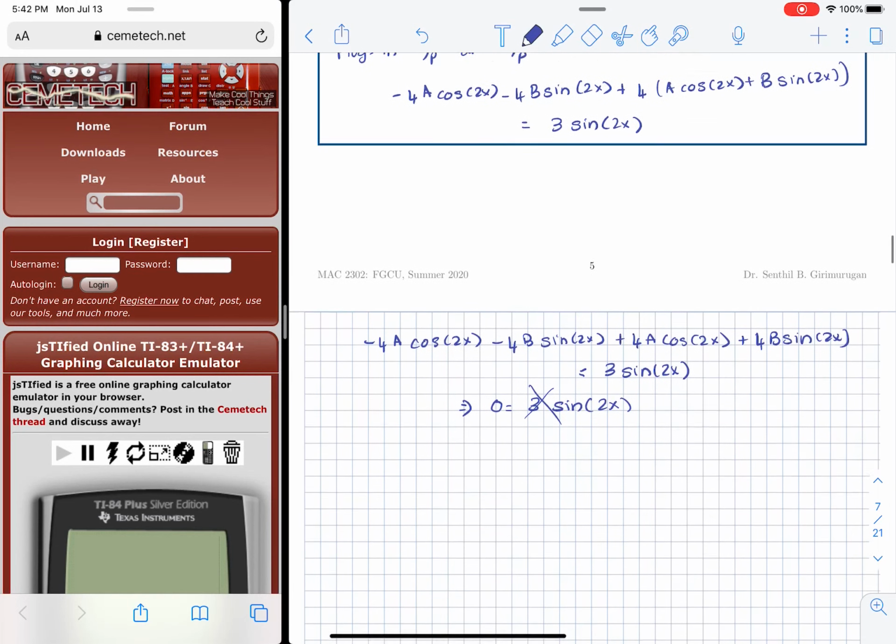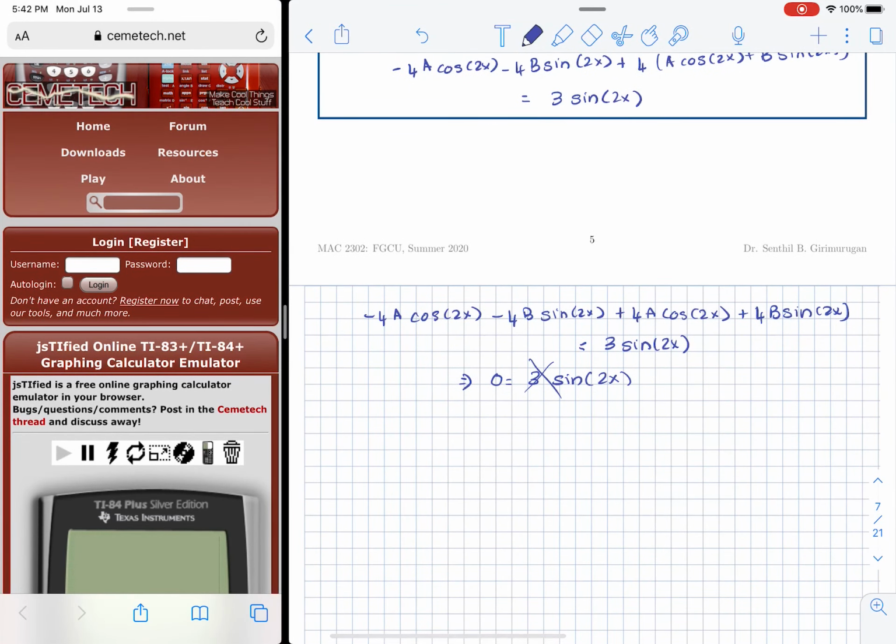We have to have the particular form, or the particular solution, yp equals x times a cosine 2x plus b sine 2x.